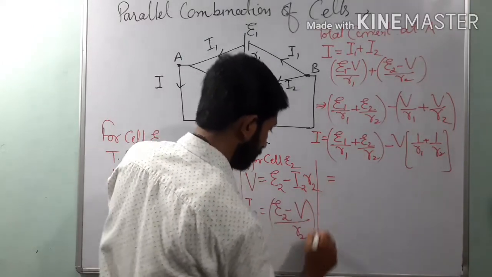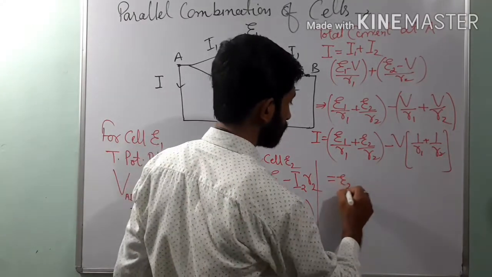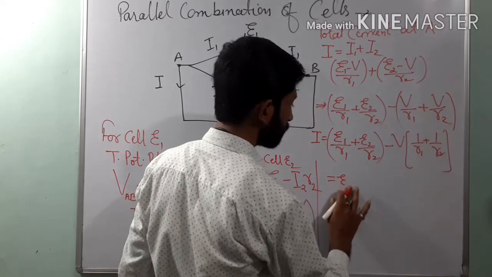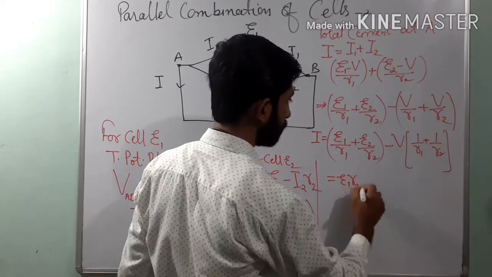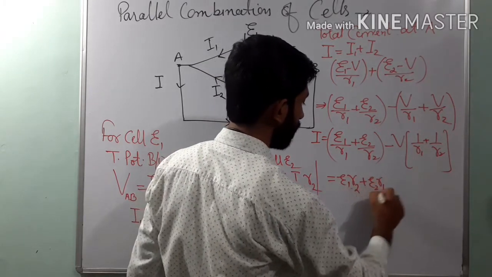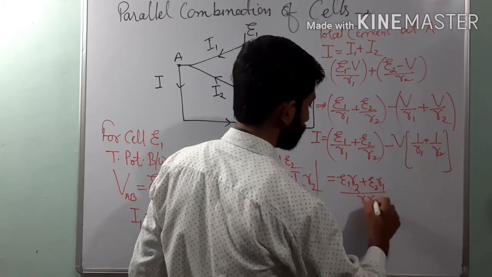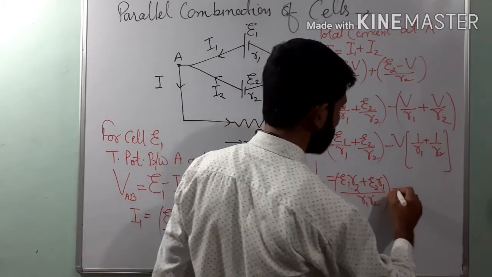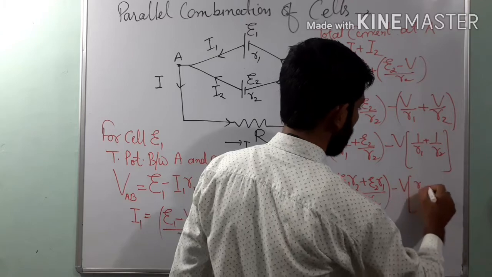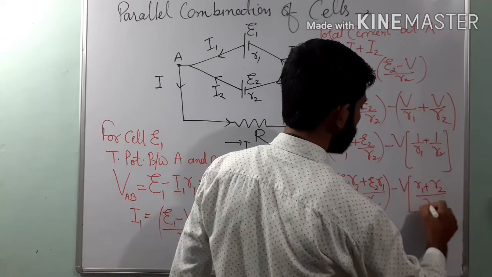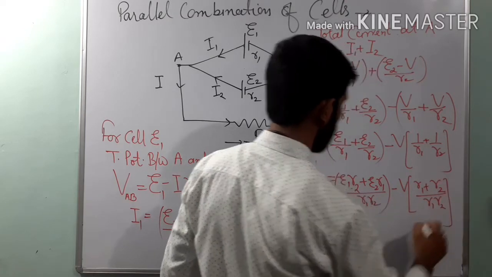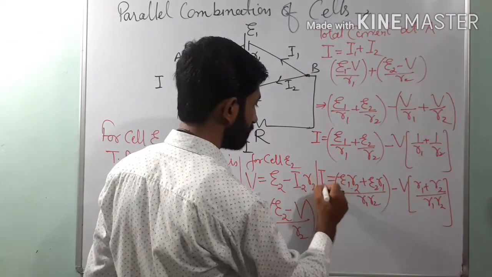This again becomes (E1 R2 + E2 R1)/(R1 R2) minus V(R1 + R2)/(R1 R2). So this is the value of current.